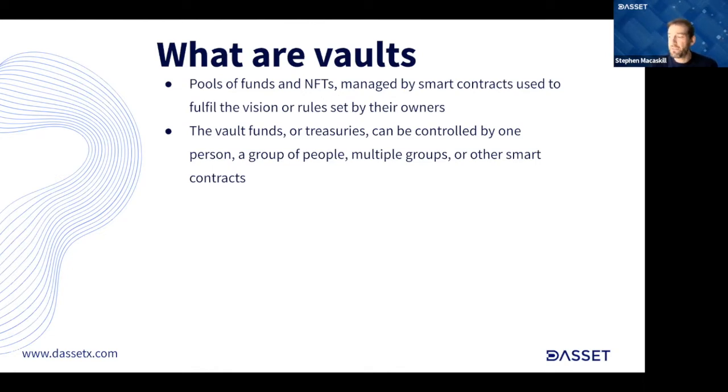Vaults can be very simple. They can be very complex, and they are starting to get more and more complex, especially as vaults interact with other vaults in the ecosystem.